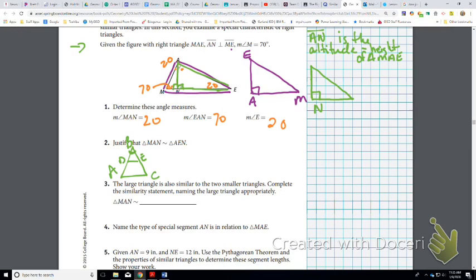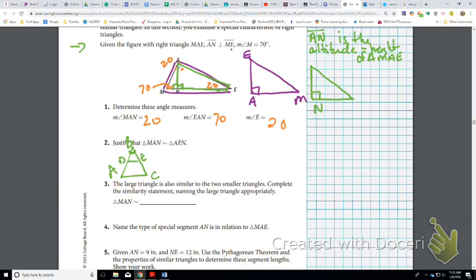So we're looking at the green one, the one on the right. Which angle is reflecting off of your original angle? It is the E, that is the shared one.